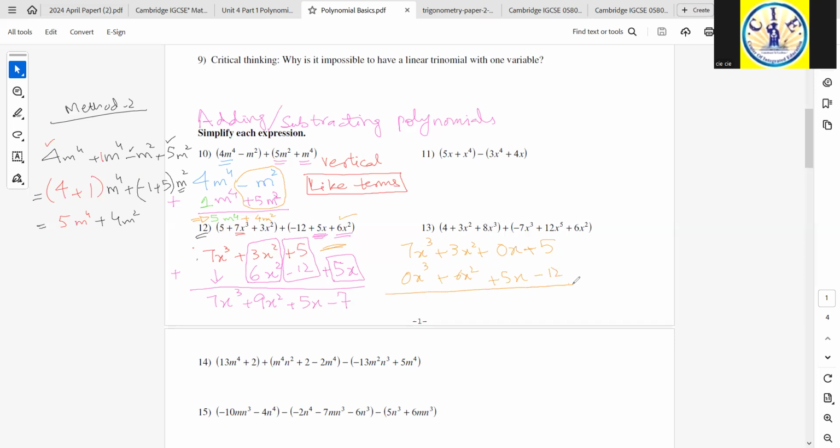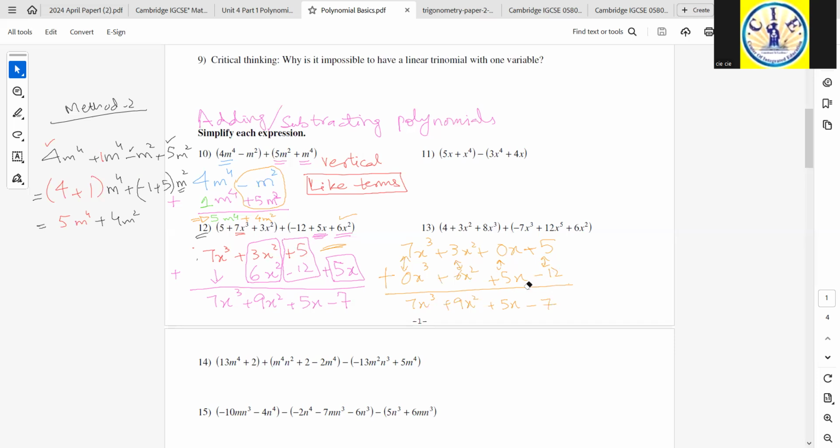We need to add them. So adding 7 and 0, this will be 7x cubed, then 3 and 6, this is 9x squared, and then 5 and 0, this is only 5x, and then adding positive 5 and negative 12, just like the simple numbers, this is negative 7.